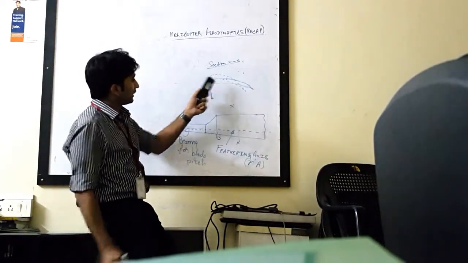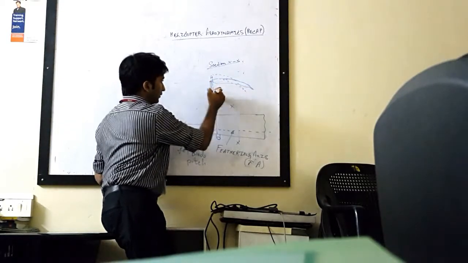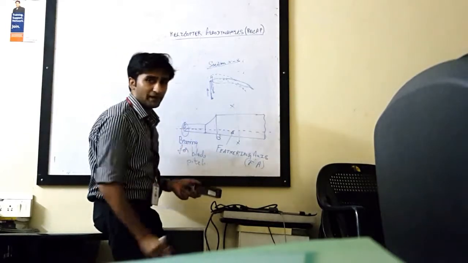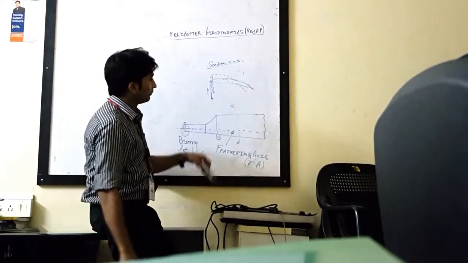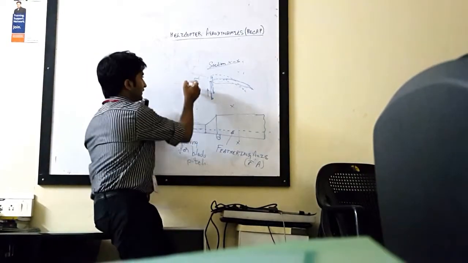So effectively what you have done is you have increased the angle of attack of the blade. So you are pitching up the blade. So you have pitched up the blades by some angle, say alpha, right? Now that is the alpha increase.